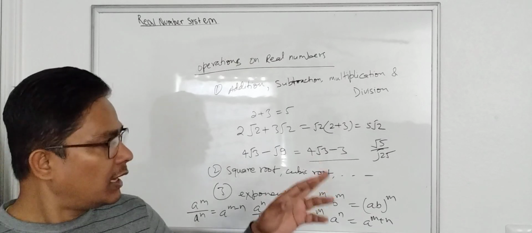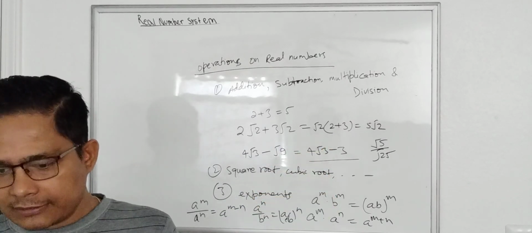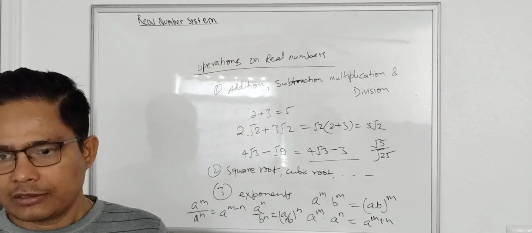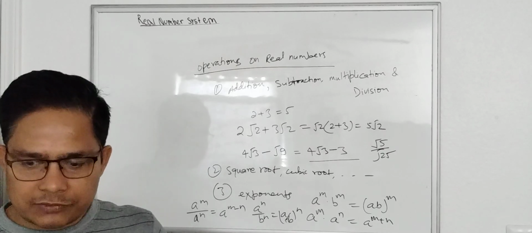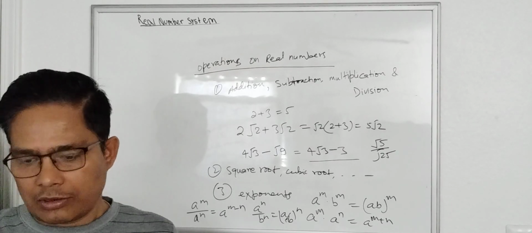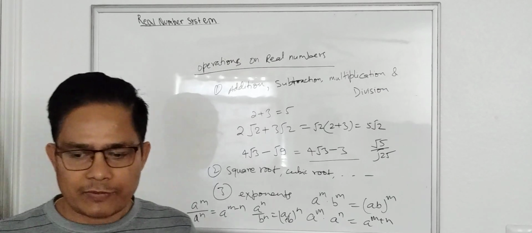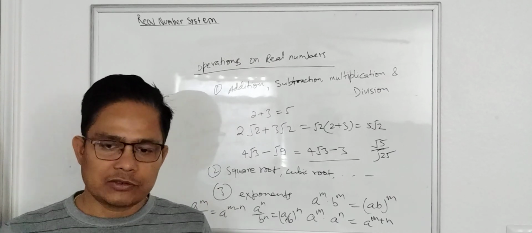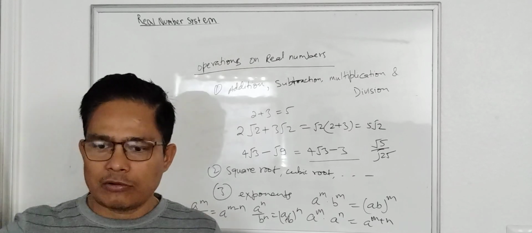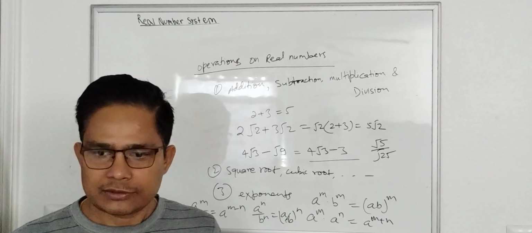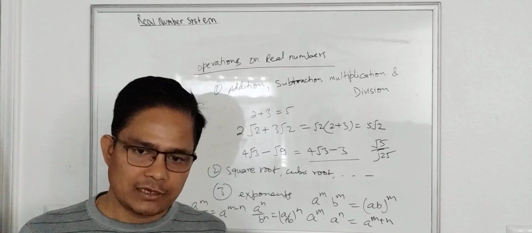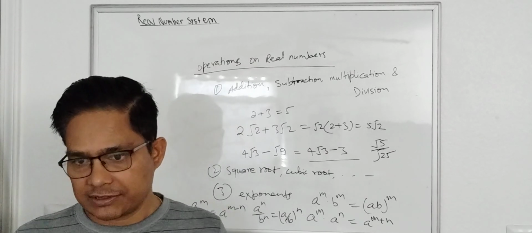Okay, and irrational numbers are those numbers that do not terminate. Like you keep solving and it will go on. So let's say, for example, the value of pi is 22 by 7. Okay, and if you try to divide 22 by 7, you will keep dividing your whole life. You will not stop. So those kind of numbers are irrational numbers. Basically, it's not terminating anywhere, and it does not have the repeating sequence.